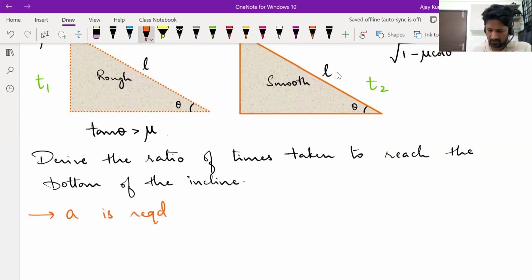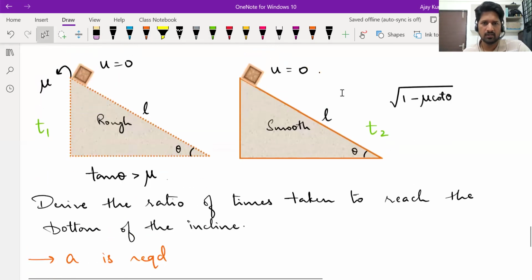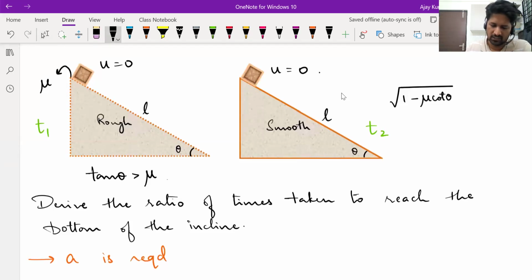So the next step would be to think how to derive acceleration of an object. Now, in a given situation, how will you derive acceleration of an object? Assume mass is m, mass gets cancelled anyway, you won't need the mass. You will get acceleration by using Newton's second law.